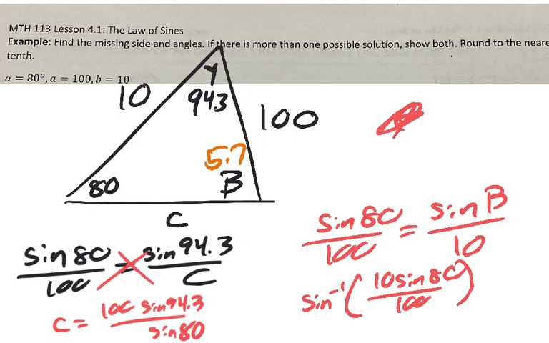So do 100 times sine 94.3 all over sine 80. You should have done it. You really should. 101.3. Yeah, 101.3. 100 sine 94.3 over sine 80. But I was just trying to show the radio. I did it at first. I think I might have done it over 80 instead of over sine 80.